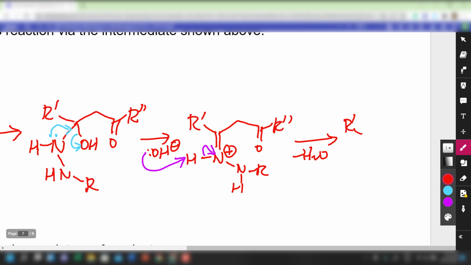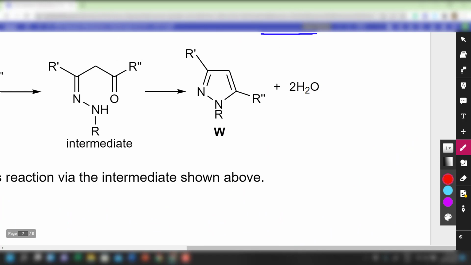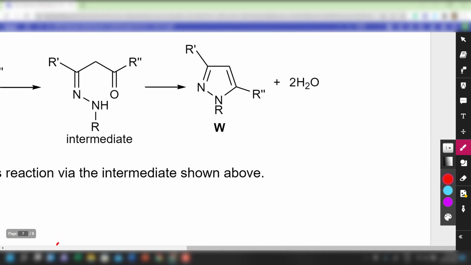So R prime, and then double bond N, and then carbonyl group, and then R double prime, and then NHR. Okay, something like this. So that's the intermediate we are talking about, and then how can we continue to push all the way to compound W, which is a heterocyclic aromatic compound.